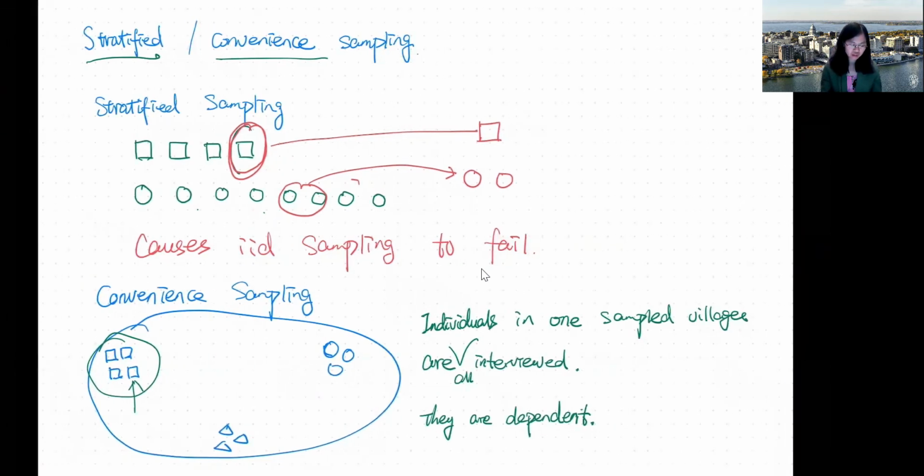So these are advanced sampling techniques that are useful for their own purposes, but we need to keep in mind that they fail the IID assumption. We might touch upon some solutions to these problems later on in this course if we have time. If we don't, then I think you will learn about them in future courses.